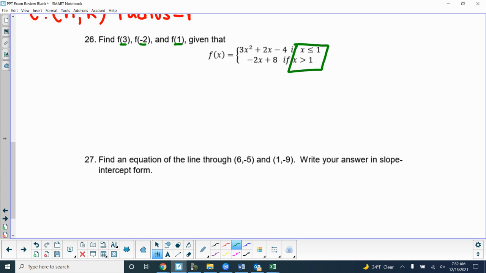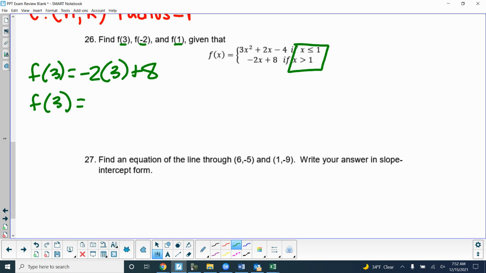So that means I put f of 3 in the negative 2 times 3 plus 8 function. And then I just find that answer, which would be 2, right? Negative 6 plus 8 is 2. Okay? Then I look at the negative 2. Does that fit in the top inequality or the bottom one? The top one. So that means I put negative 2 in the top function.